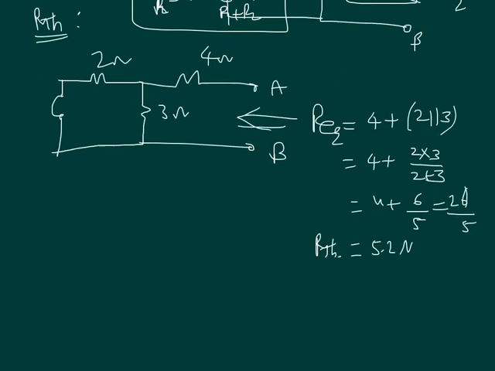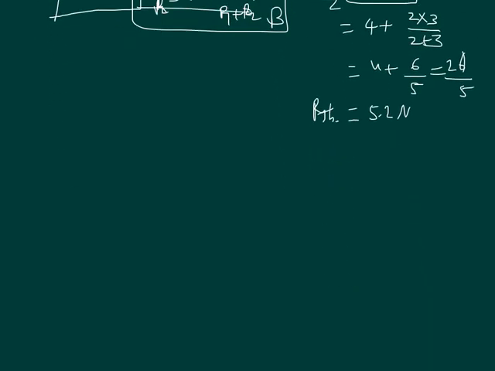So now the final one: we know that VTH equals 3 volts and RTH equals 5.2 ohms.